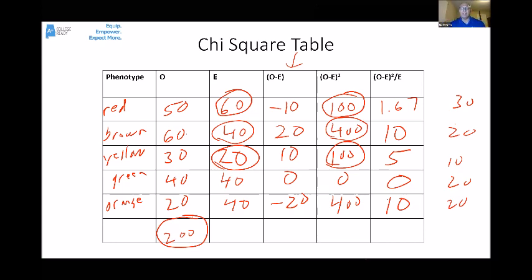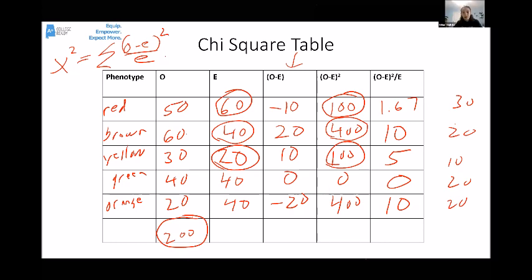Now we've got to calculate what's called our chi-square statistic. And this is where that formula comes in off of your formula sheet. Chi looks like a fancy X, but that's a Greek letter chi. And remember, it's equal to the summation of O minus E squared over E. So what is that formula essentially telling us to do with our table?